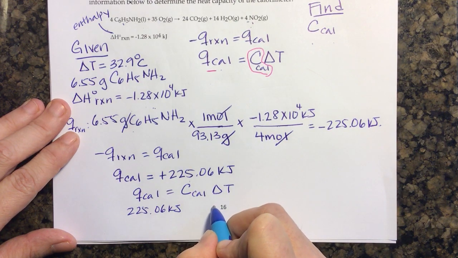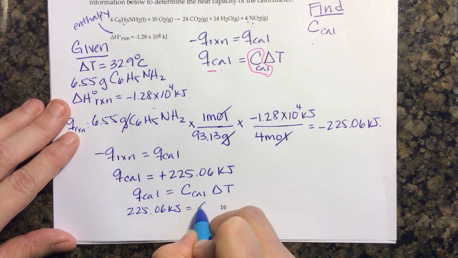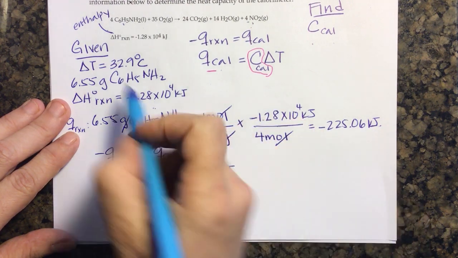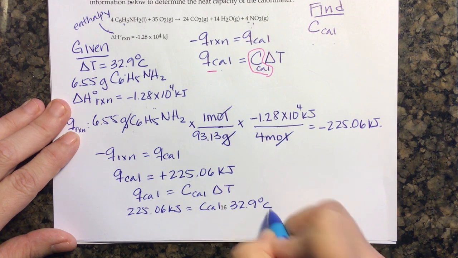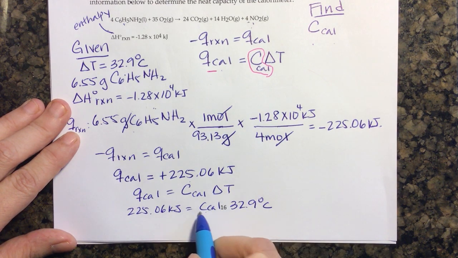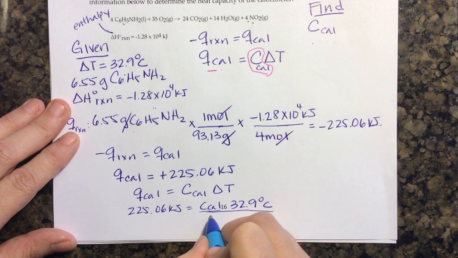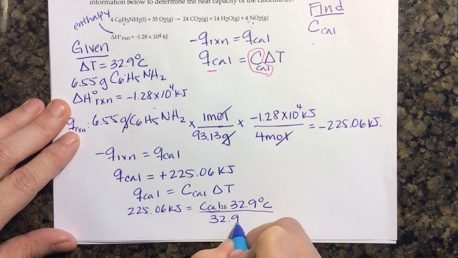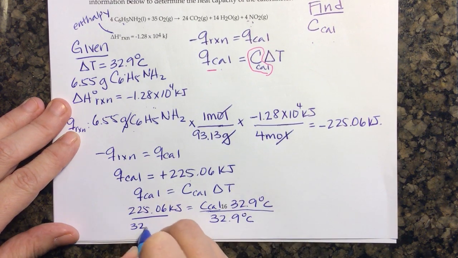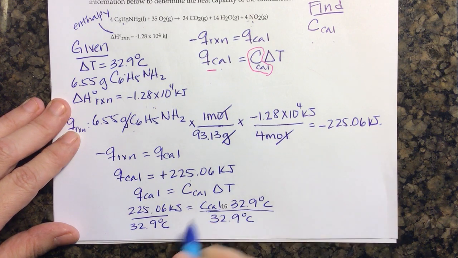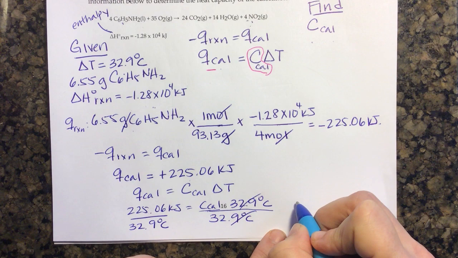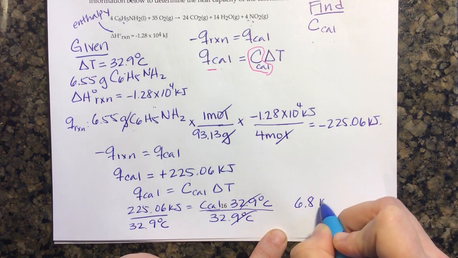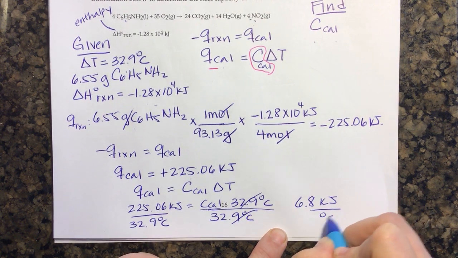We know our delta T is, what was it again, 32.9 degrees C. So if I want to solve for my heat capacity, I'm dividing both sides by 32.9 degrees C. If I solve, this cancels, and I will get 6.8 kilojoules per degree C.